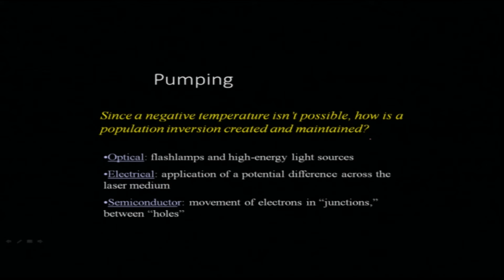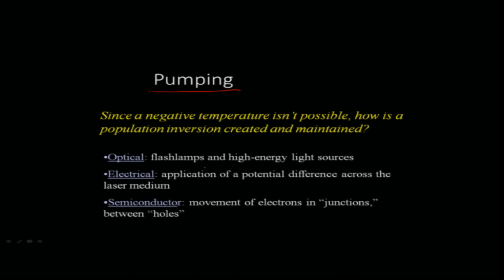So, the question which Meinmann looked at was to ask that if negative temperature is not possible, how can a population inversion be created and maintained, and he looked into this idea of pumping, which is the principle of continuous process of providing energy.